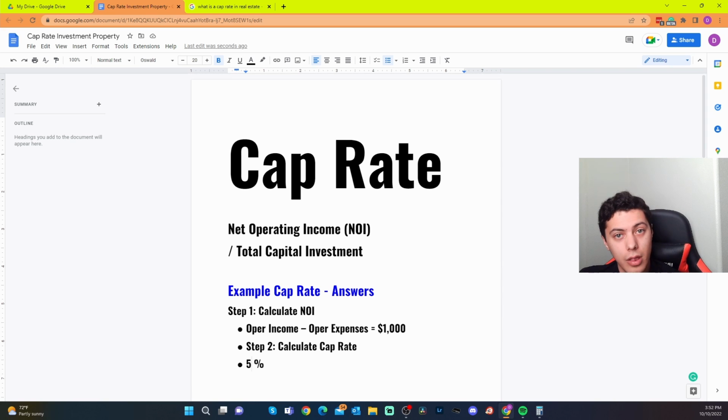This calculates your return on capitalizing the value of the property. So this doesn't mean you need to put 5% down. That's not what it means. The 5% is the percent of the return you're potentially going to earn at the end of the year.